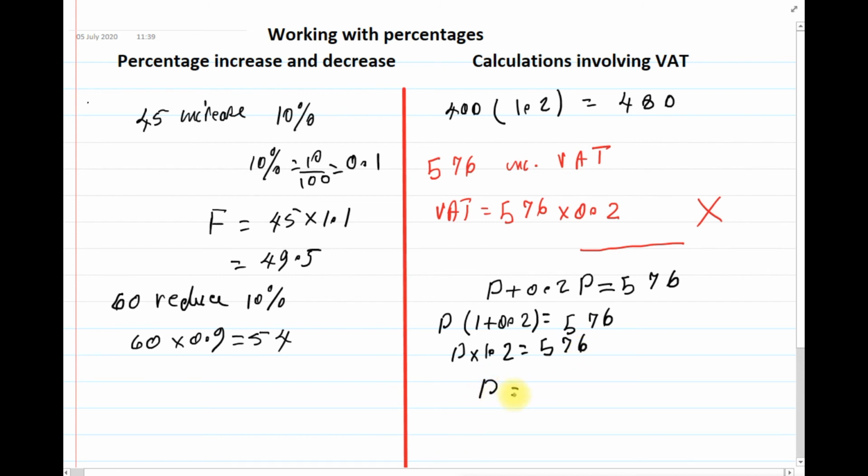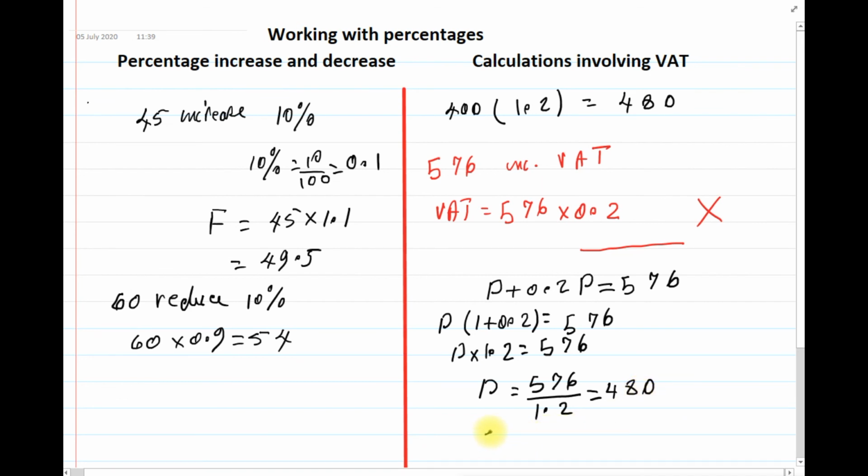So P would be equal to 576 divided by 1.2, which is £480. So the correct price is 480 for the price excluding VAT.